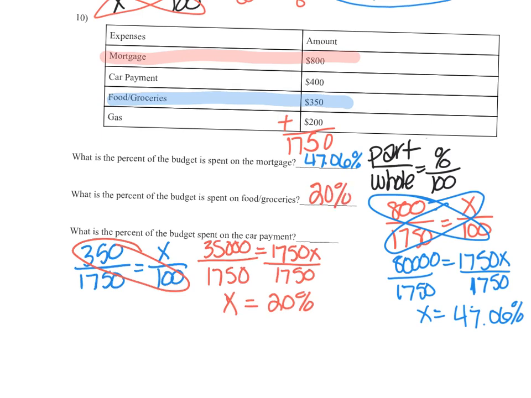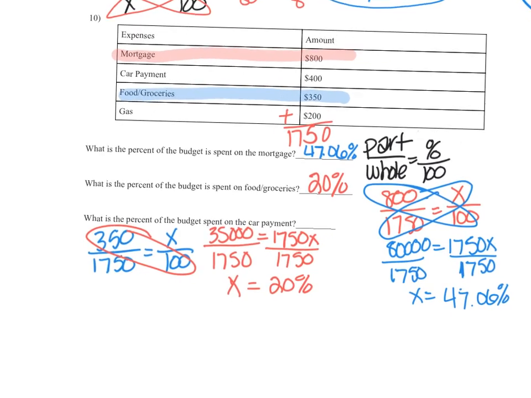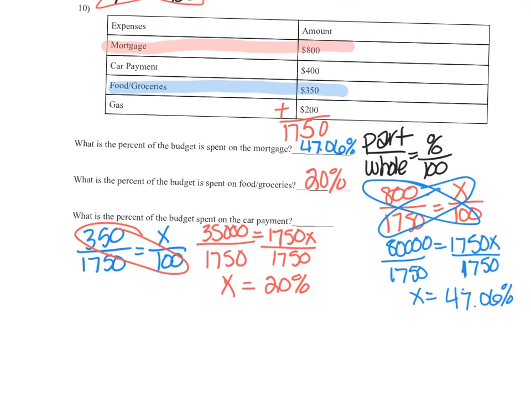Okay. So then on this last one, I want to know what percent of my budget is spent on a car payment. So my car payment is here. So I'll do my part, which is my 400, over my whole of 1,750 equals my x over 100.